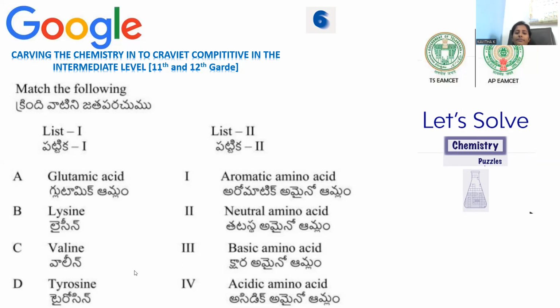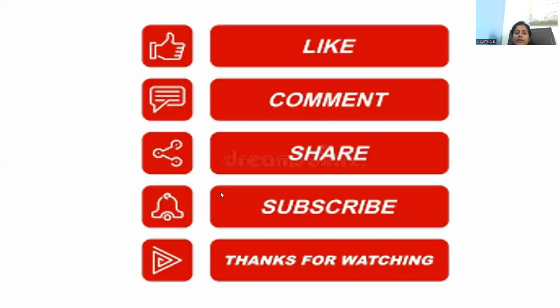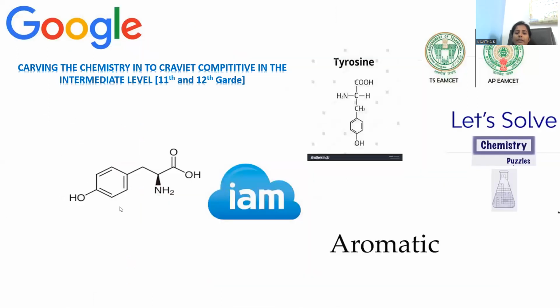Move on to tyrosine. Tyrosine is given with a benzene ring containing CH2, CH, NH2, COOH. On this benzene ring, at the para position, hydroxy will be there. Para hydroxy benzene, and here you have CH2, CHNH2, COOH. If you cancel COOH with NH2, the leftover will be the benzene ring with OH. Tyrosine is aromatic.